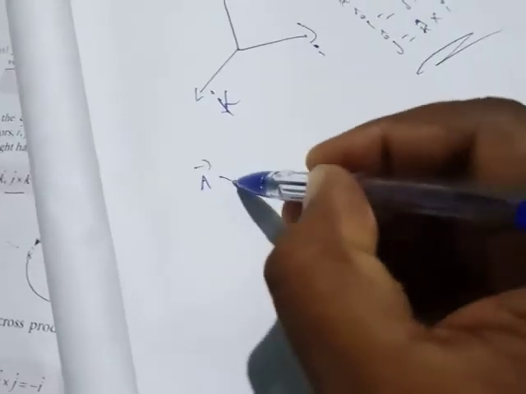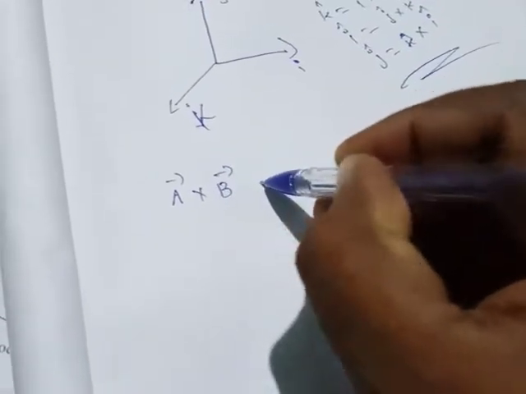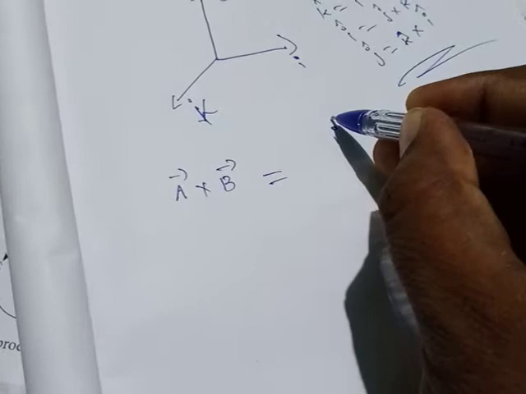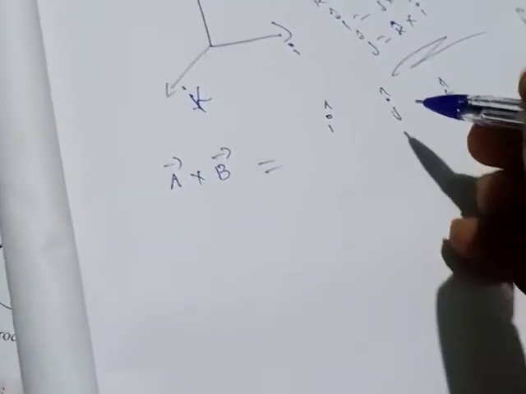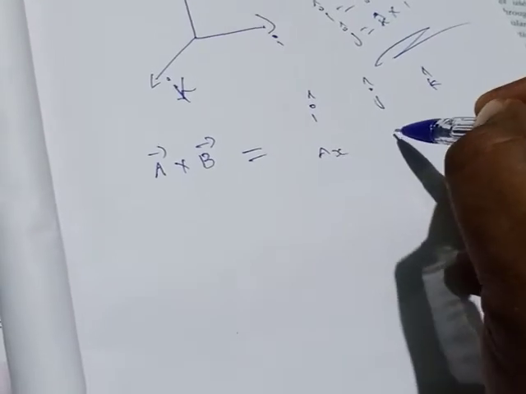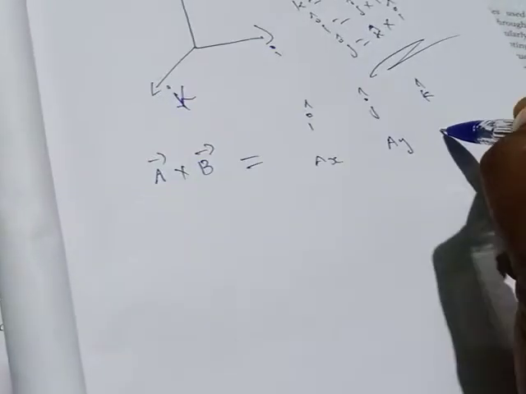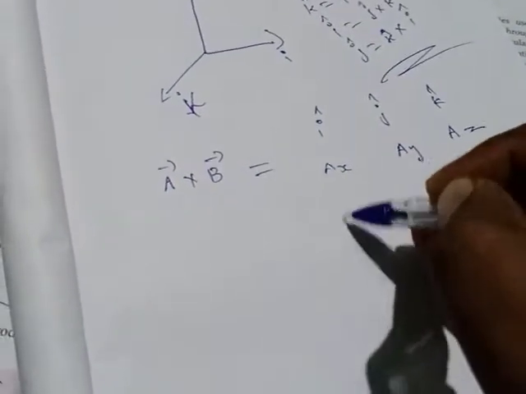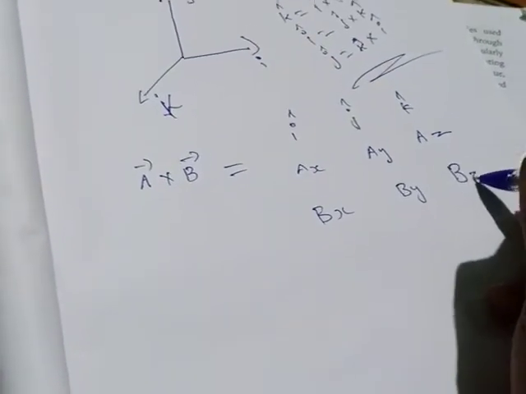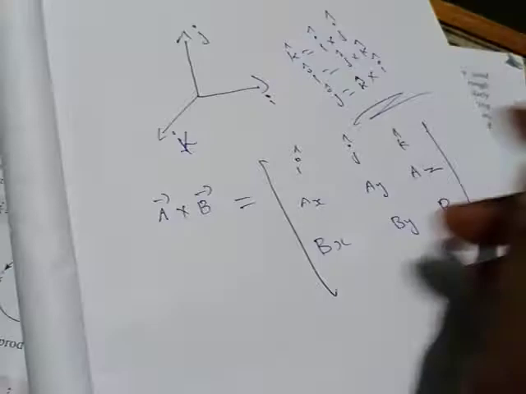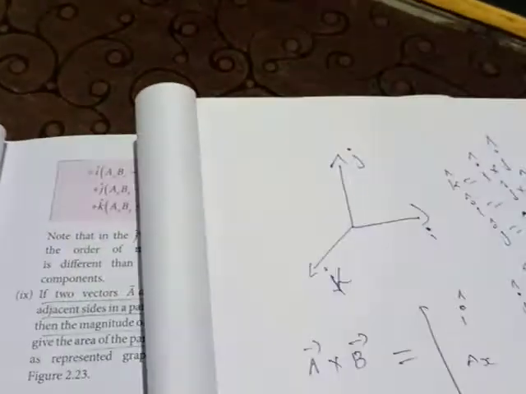A cross B is equal to the determinant with I unit vector, J unit vector, K unit vector; AX, AY, AZ; BX, BY, BZ.